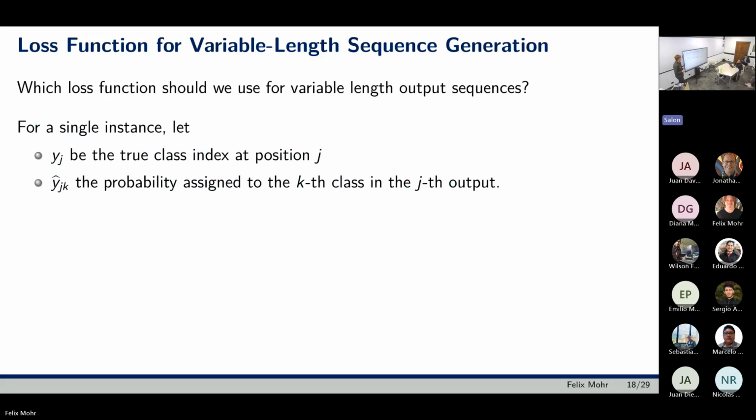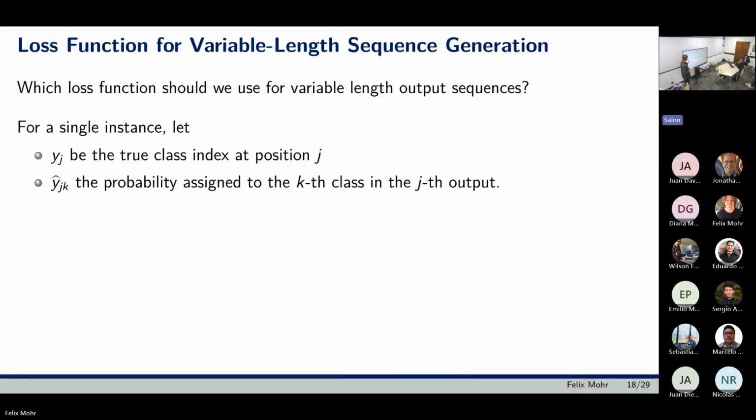Okay, so let's now fix a single instance. We will not talk about averaging. What we see now will be averaged over the instances, but let's fix a single one because otherwise the formula becomes really messy. We will say that Y is the true output sequence. This is what the model should answer as a sequence.